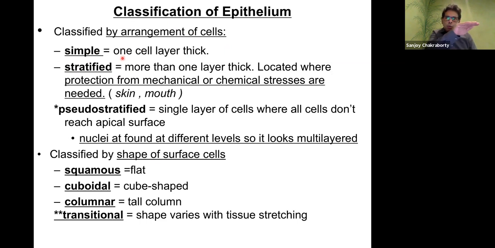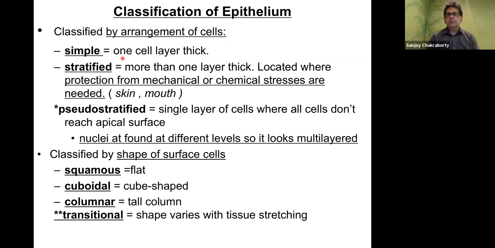Simple means just a one-layer cell. That's it, that's simple. So we have a basement membrane and a one-layer cell. It's like a one-story building. Stratified, strata, is like a multiple-story building, whether it is 2 or 10. So when you have an Empire State Building or even a two-floor house, that's stratified.